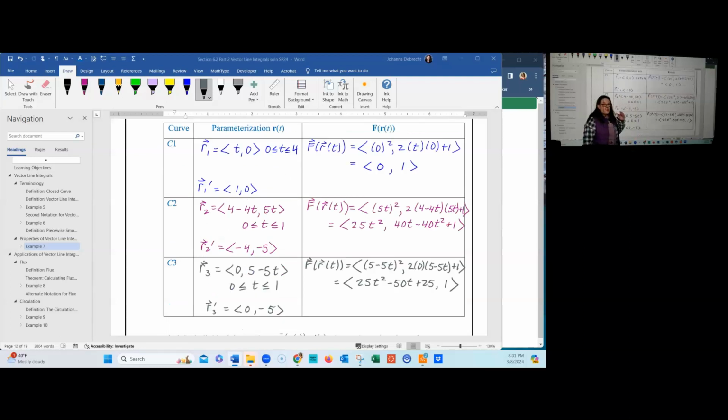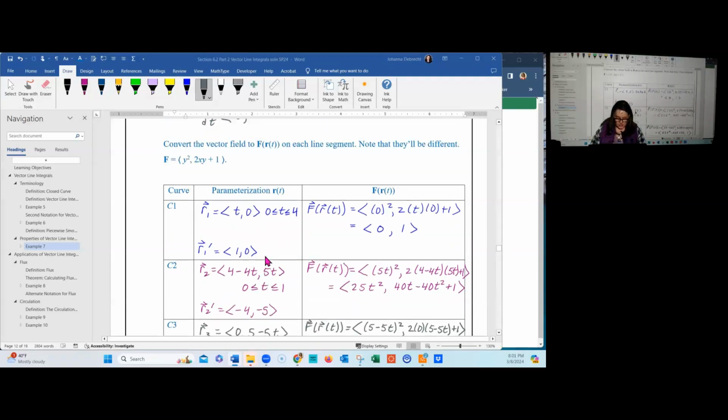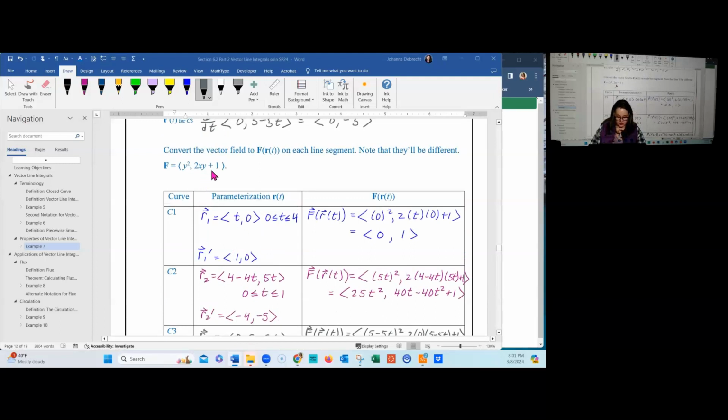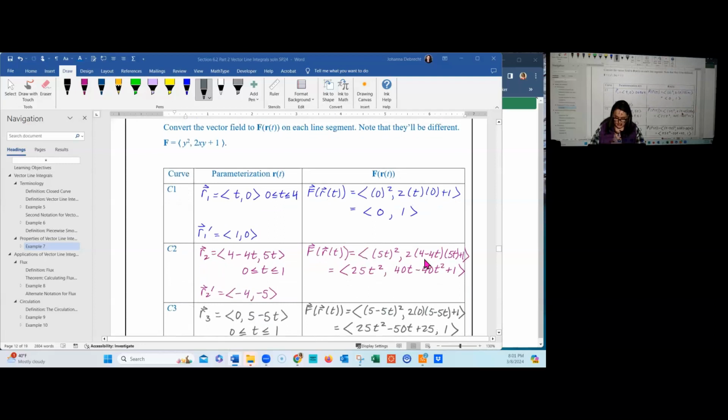For the first parameterization, R1, we replace x with t and y with 0 in the representation of the vector field, which is y squared, 2xy plus 1. When we replace these, we end up with the vector 0, 1.